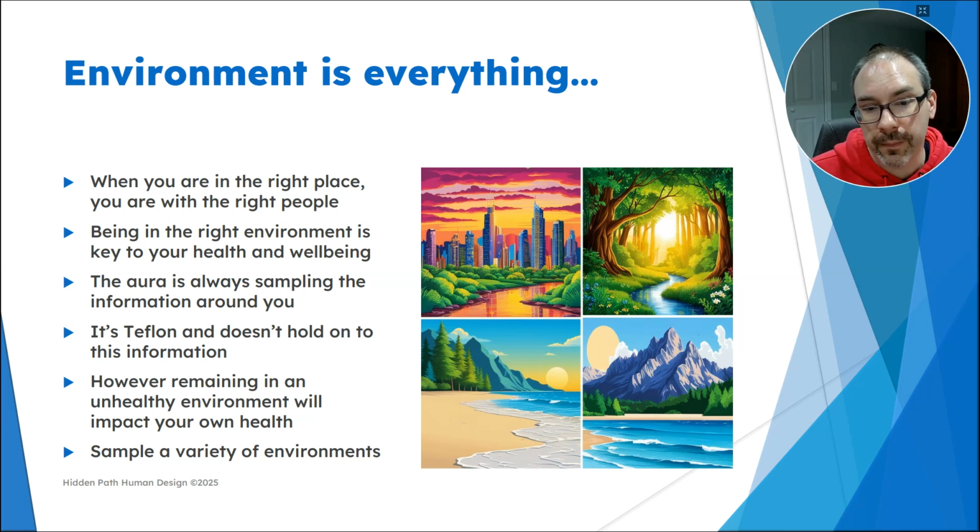And this could be like the first sign of leaning you into your strategy of waiting the 28-day lunar cycle of where to move next if it's not a healthy environment that you're in. Remember, you're never trapped.